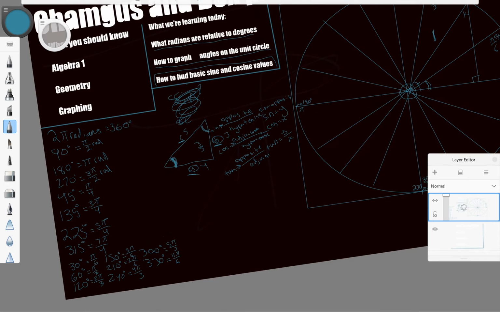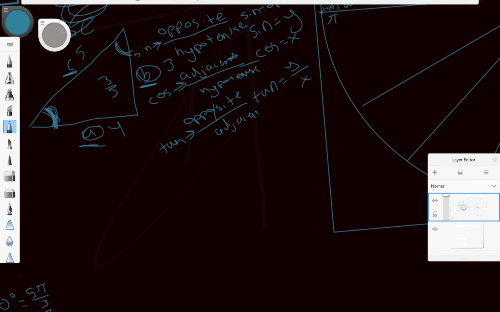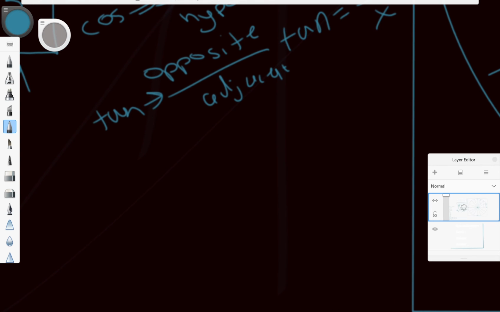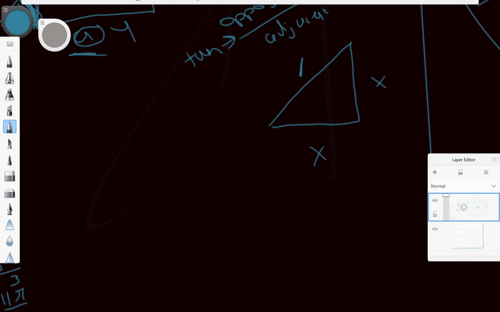Let's draw this over here. 45, 45, 90. This is 1. This is x. This is x. Let's do a little algebra here. X squared plus x squared equals 1. 2x squared equals 1.